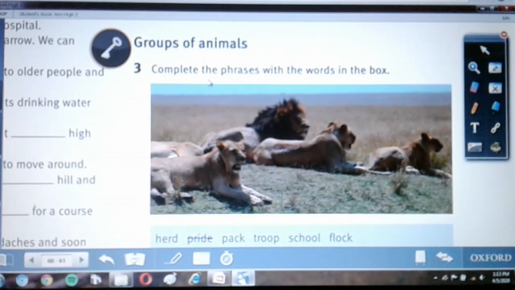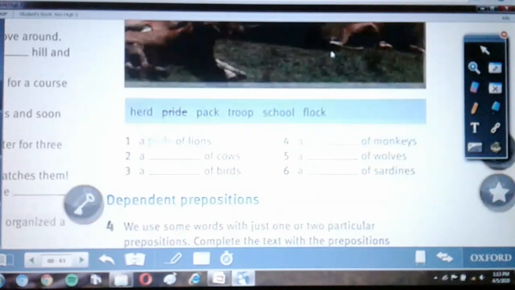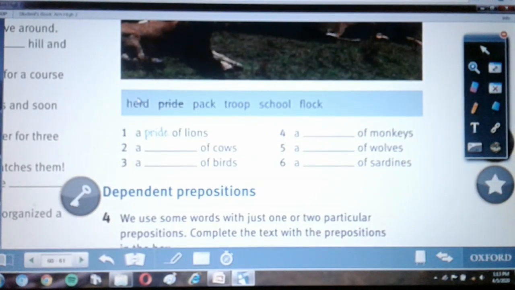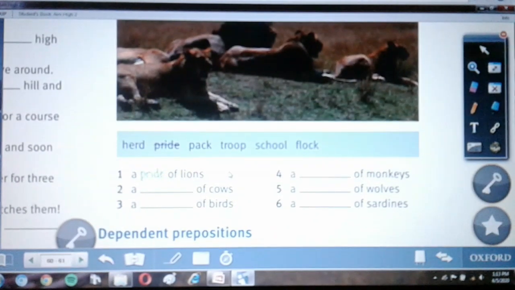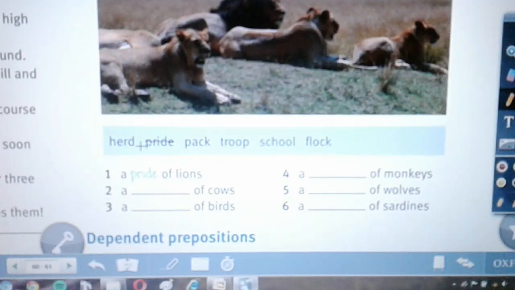We will talk about groups of animals. And we need to complete the phrases with the words in the box. So, as you can see here, we have herd, pack, troop, school, and flock. Now look at the example.